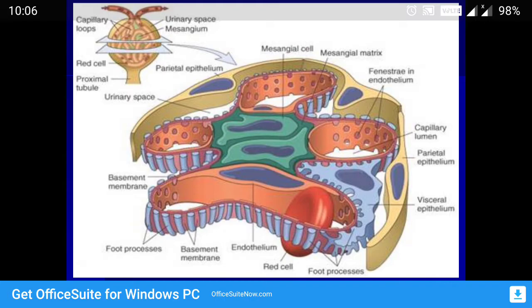To the left side of the photograph, it is named as urinary space. This is the space to which the urine is collected. From the blood vessel, waste products will be moving out into that urinary space. From there they will enter the proximal convoluted tubule, loop of Henle, and distal tubule, then the collecting system.